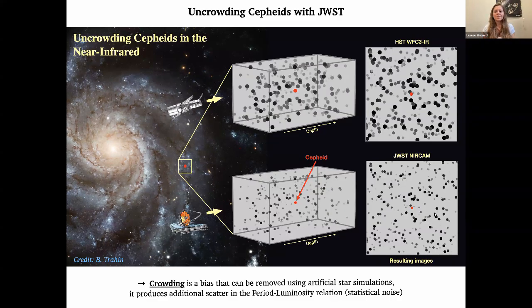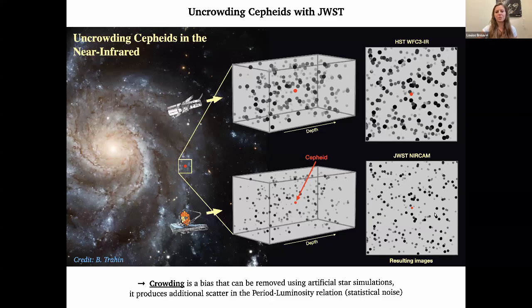We injected artificial stars and remeasured them to correct for this bias. And it used to produce additional scatter in the PL relation, just like statistical noise. But whether you correct it with artificial stars or use JWST, now it's a very minor issue.